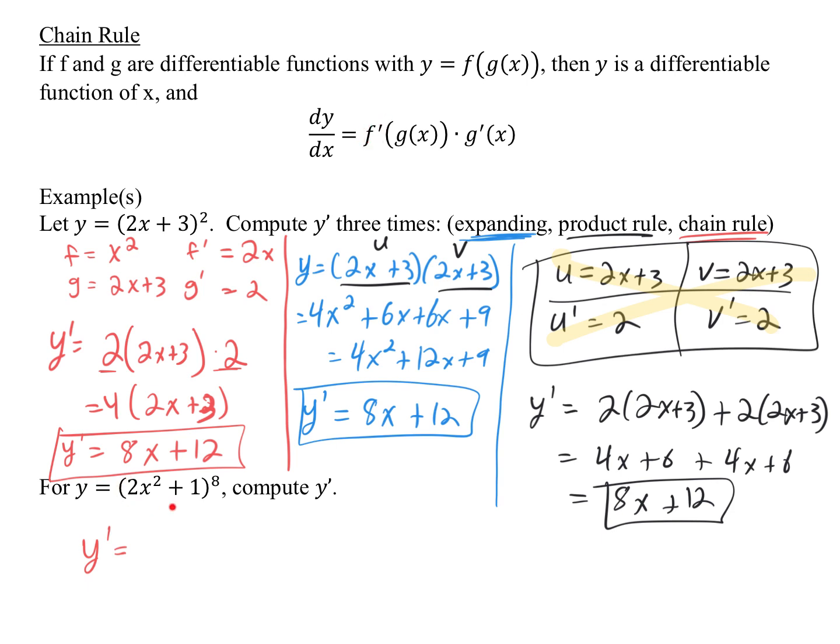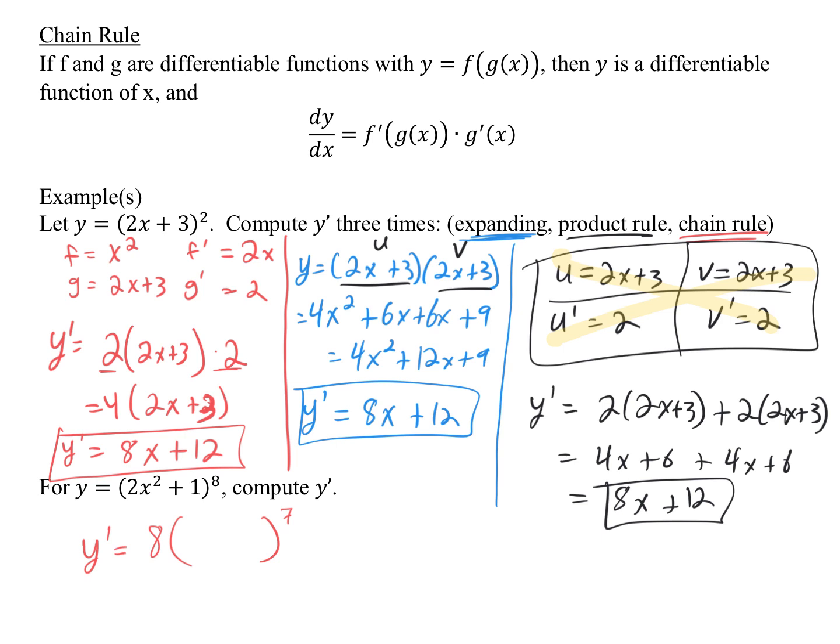When you look at this, you have an inside part that you ignore, and you have an outside part that you think about its derivative. So what do we normally do to take the derivative if you have 8 as an exponent? Well, normally you take the 8 down in front, and then the new exponent gets reduced by 1. So 8 minus 1 gives us the new exponent of 7.